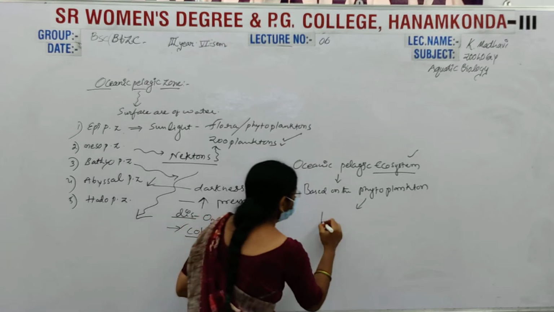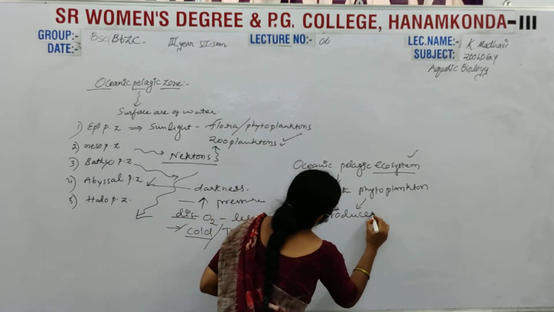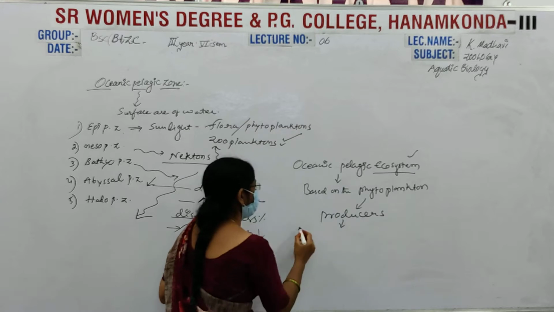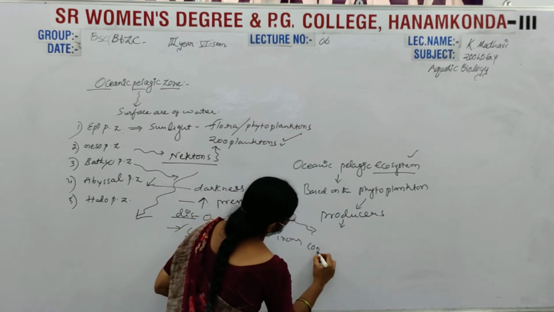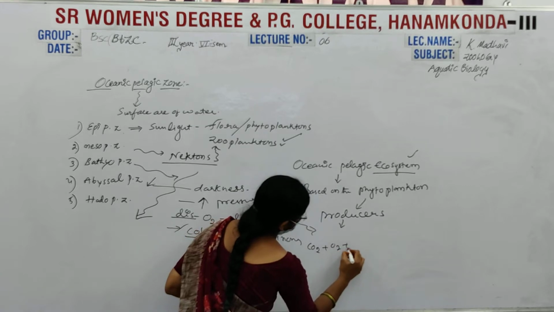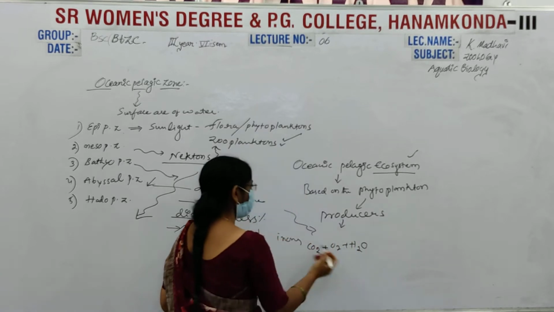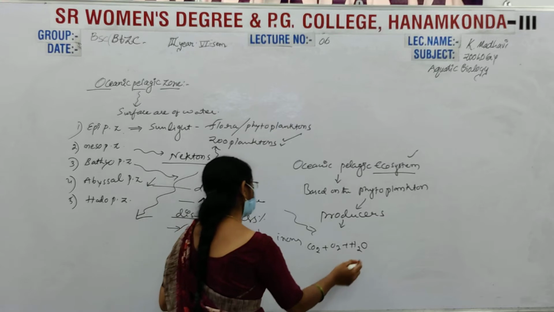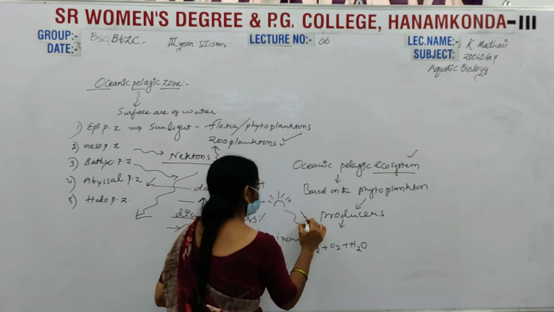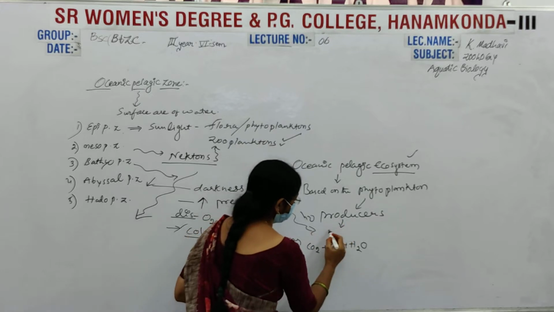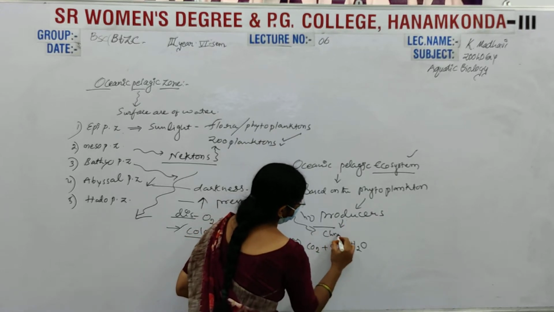Why are they producers? They mostly use inorganic substances, for example CO2 and water, since they live in the water. Sunlight is also used by these producers with the help of chlorophyll.